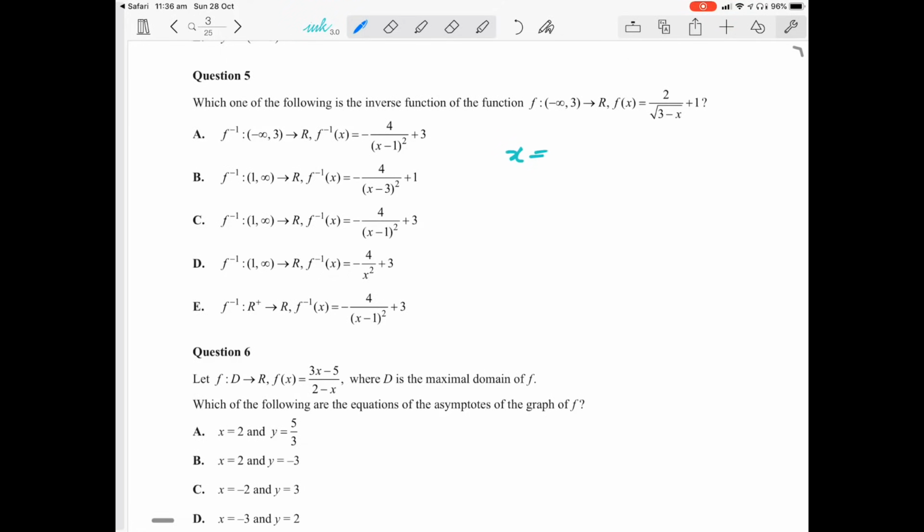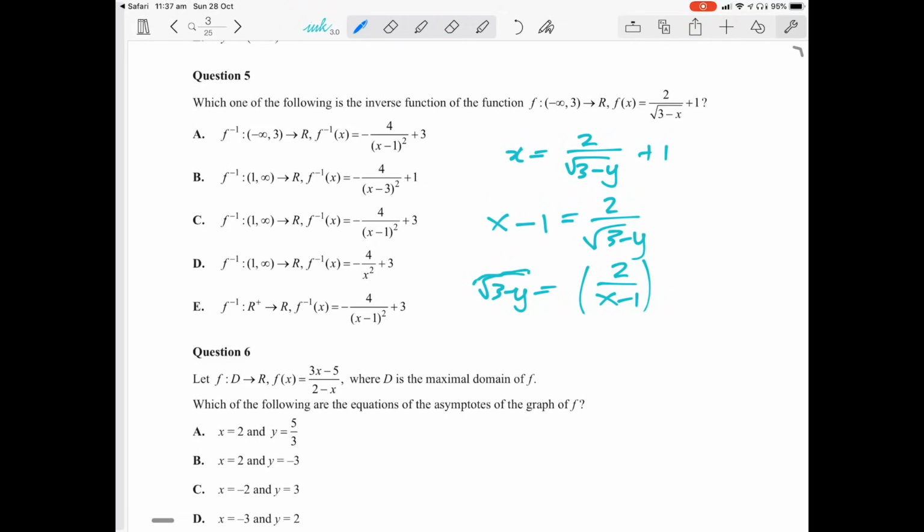So remember, it's multi-choice, so we don't really care about working. X equals 2 on root 3 minus y plus 1. X minus 1 is equal to 2 on root 3 minus y. Switch those two. So we get root 3 minus y is equal to 2 on x minus 1. Square that side.